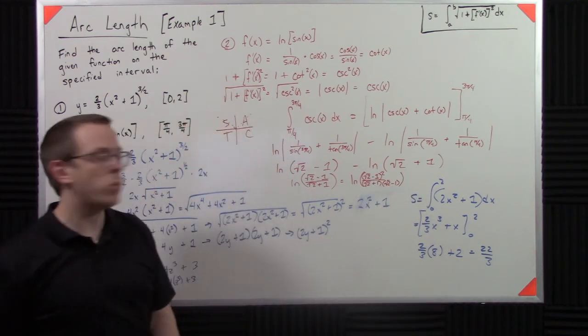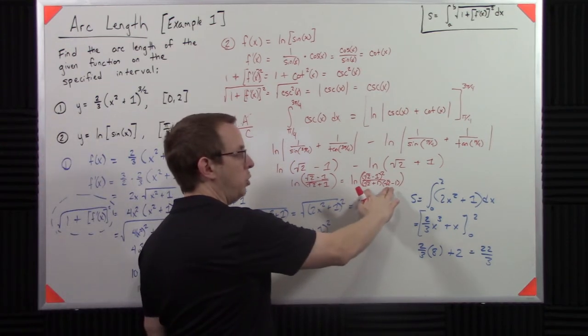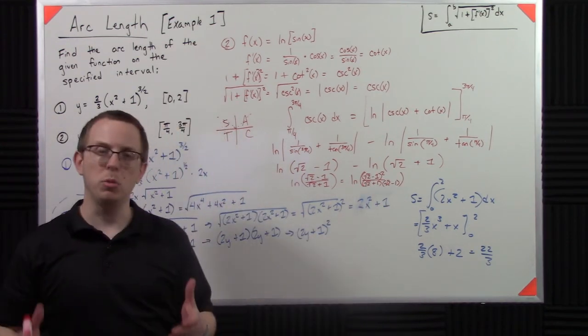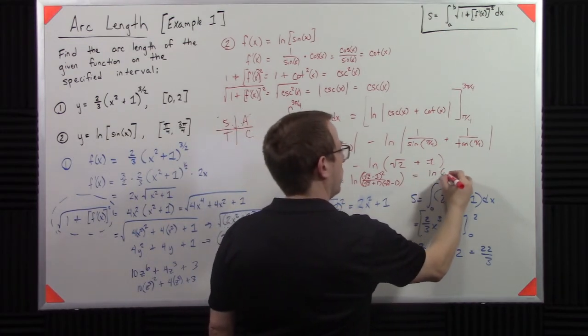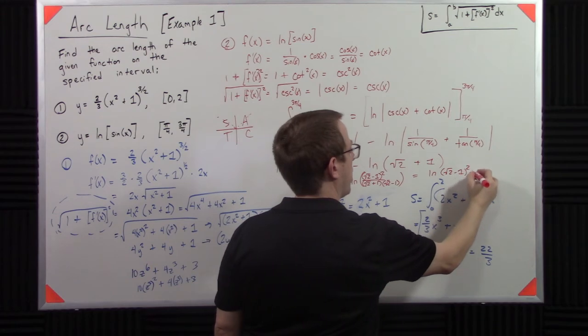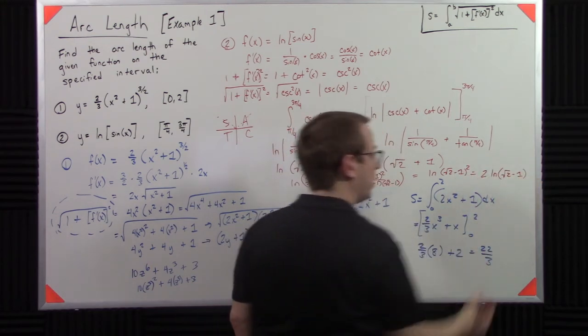By the difference of squares formula, the bottom is going to be 2 minus 1, so it's going to be over 1. So you end up with the natural log of square root of 2 minus 1 squared, which is 2 natural log square root of 2 minus 1.